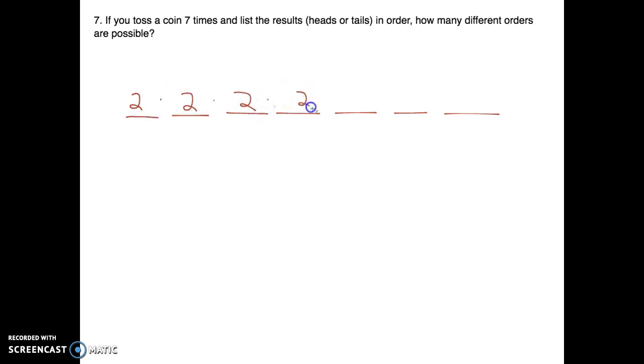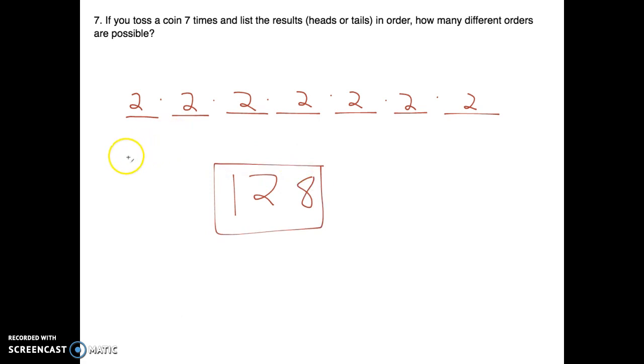If we multiply 2 seven times, we should end up with 128. On a lot of these problems, you can use this method of putting the lines and figuring out how many possibilities are in each one, and then multiplying all of those.